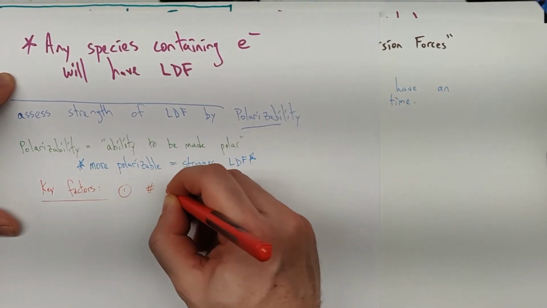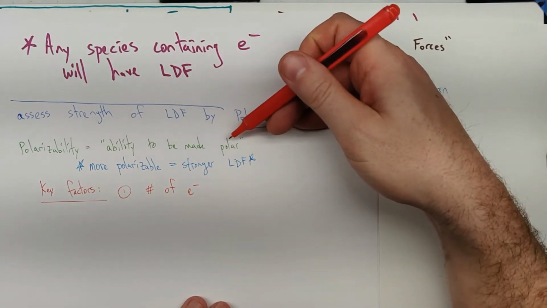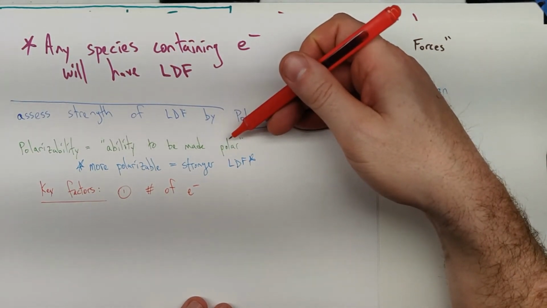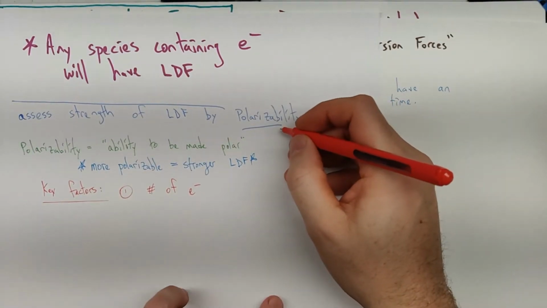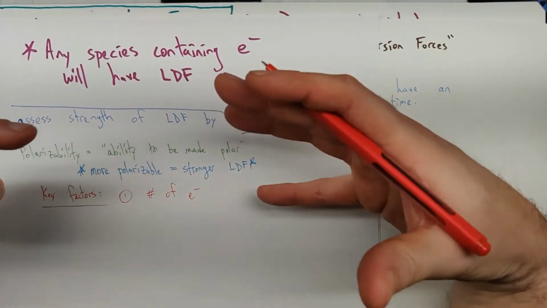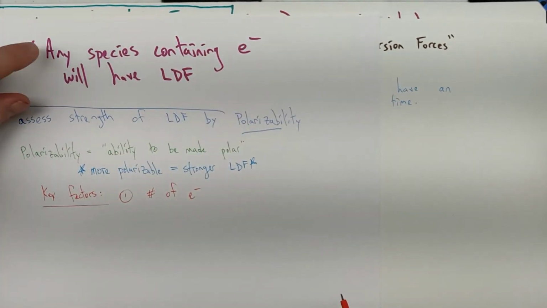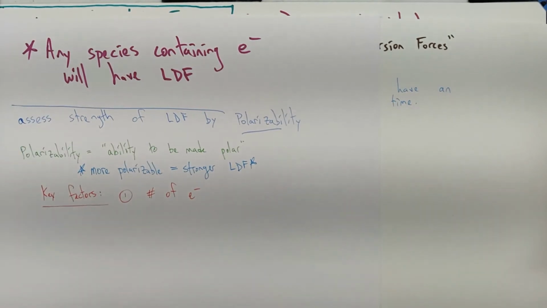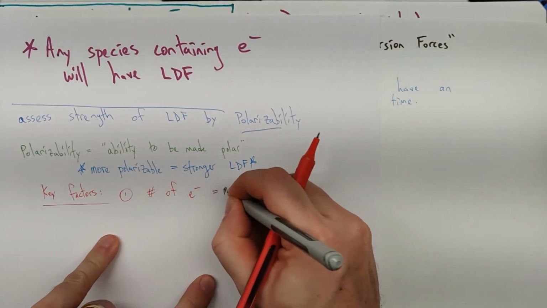the number of electrons. In determining how polar something can get, how uneven a charge distribution can be, the more electrons you have, the more unbalanced that distribution can be. And you'll have bigger numbers of electrons on one side, bigger charge disparity from one side to the other. So in terms of key factors here, the number of electrons increases gives you something that is more polarizable.